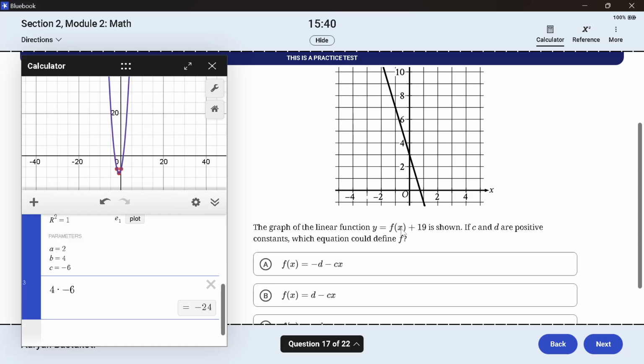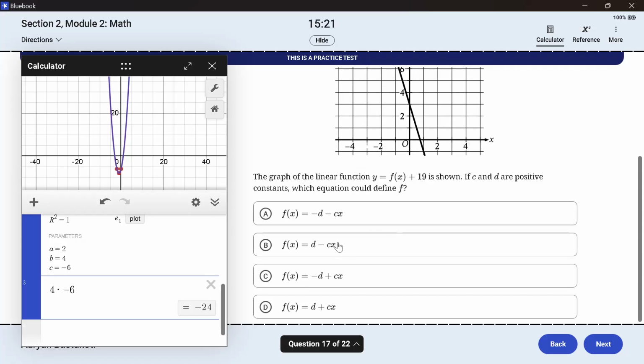No, the slope would not change, since it is just being translated directly vertically upwards. For that reason, even if we change the vertical height of the graph, the slope has to be the same. So c, which is the slope, has to be positive, which means one of these is the right answer.